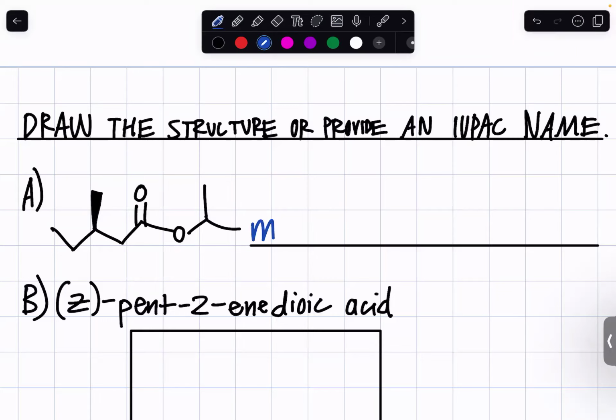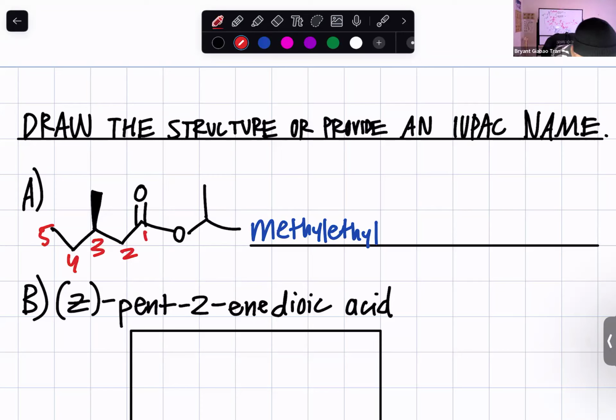And then 2, 3, 4, 5, so it's a pentane, but there's a methyl on carbon 3. Right? Methyl on carbon 3.